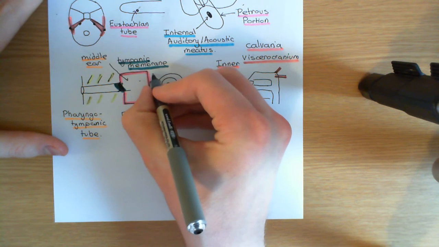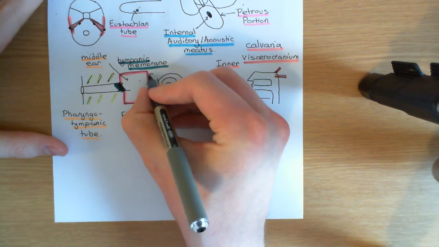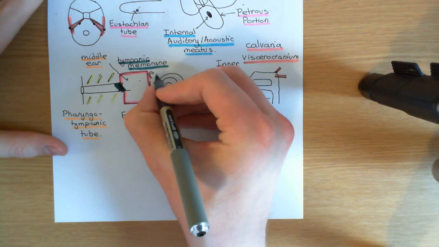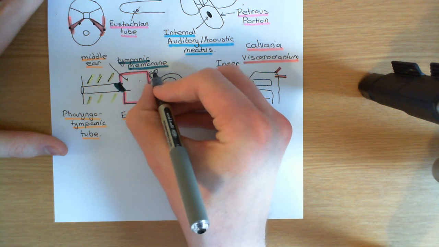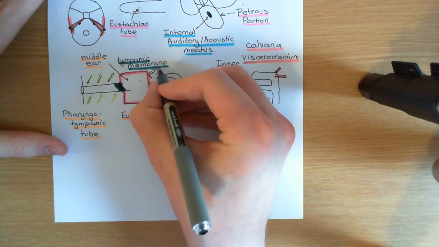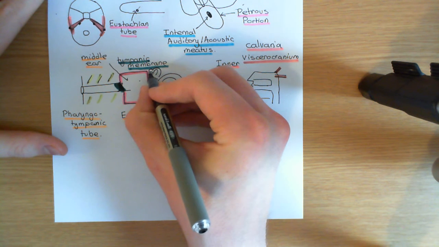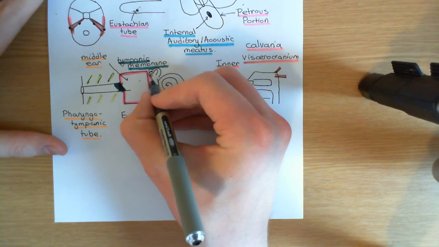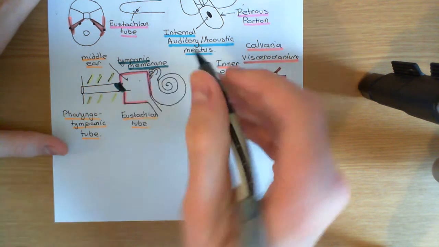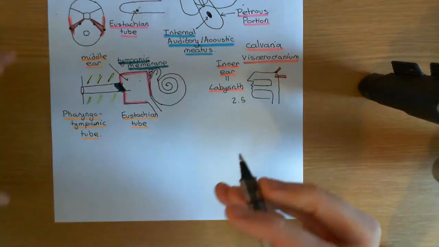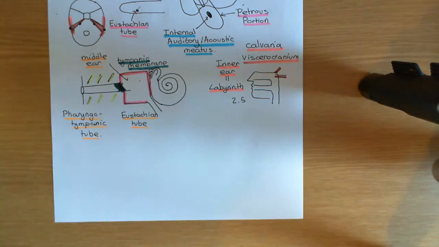So we will then have one semicircular canal there, which is supposed to be representing the lateral one. We'll have another here, which is supposed to be representing the anterior one, and then we'll have another one here, which is supposed to be representing the posterior one. Okay, and I will draw that out again, but for now, there is my first picture of the labyrinth.